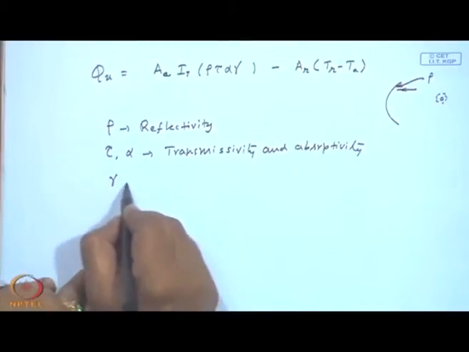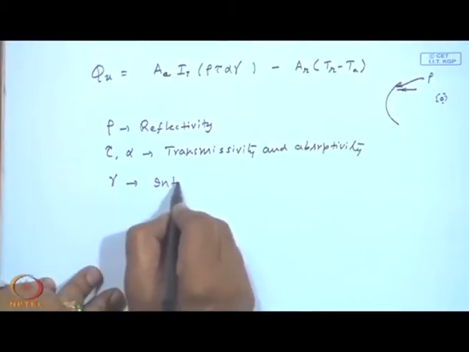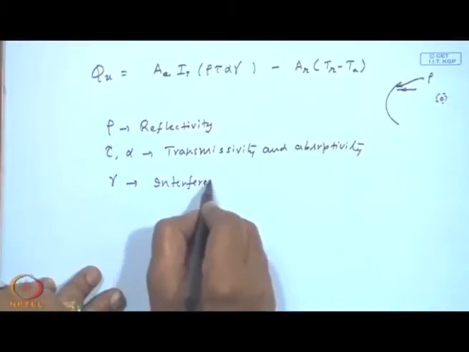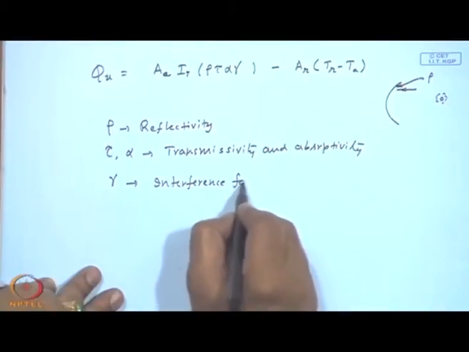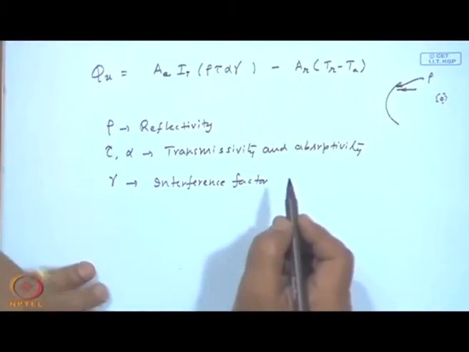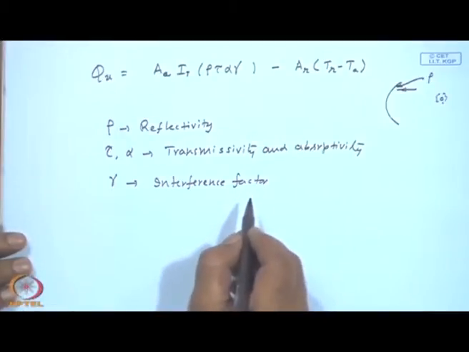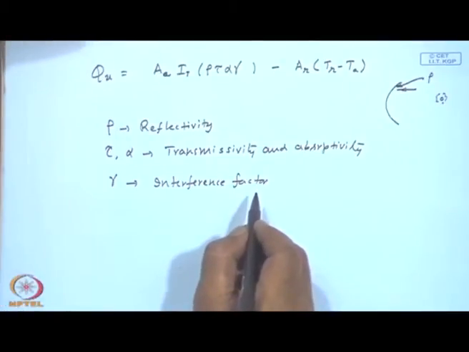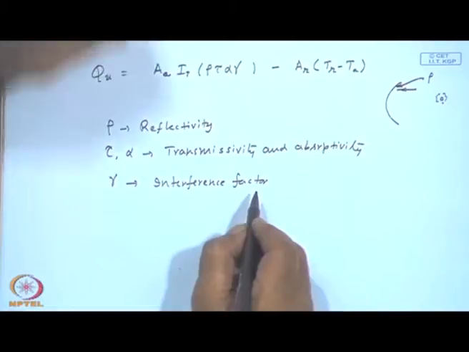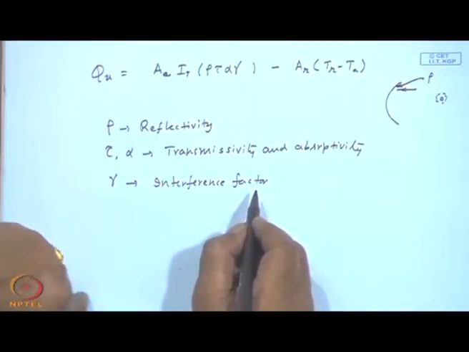And gamma is an interference factor. This comes in because all the solar radiation reflected from the reflector may not be reaching the receiver, either due to approximate or inaccurate tracking or inaccurate optics.